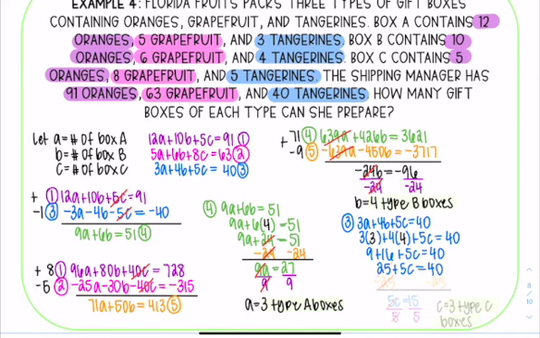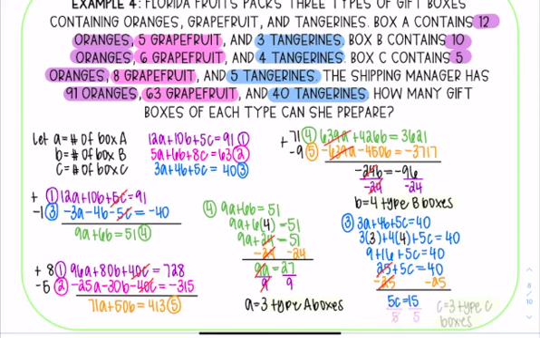We can subtract 25 from both sides, and we get that 5C is equal to 15.